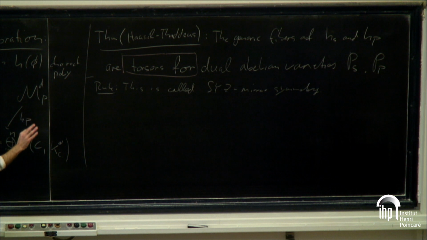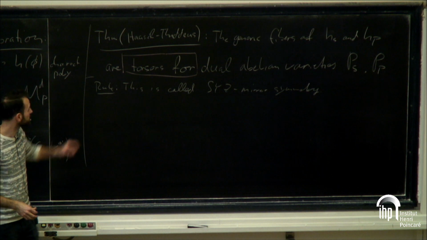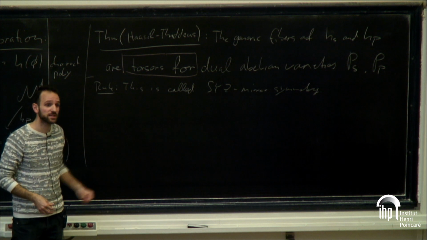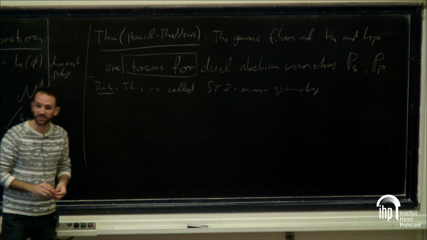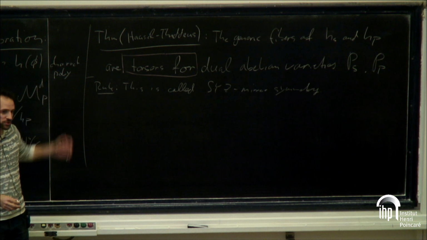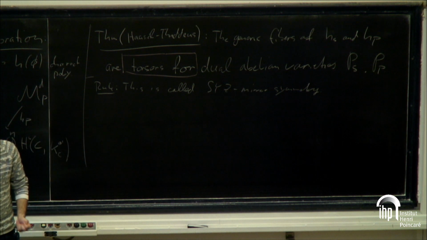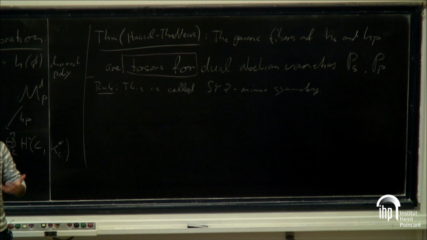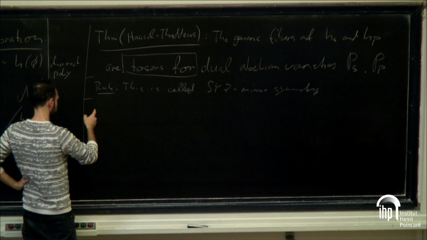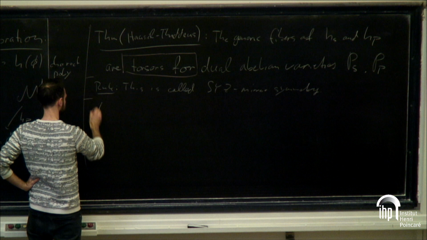So now that we have some sort of mirror symmetry, Hausel and Thaddeus went on to see other manifestations of the duality in the topology of these spaces. So I mean, this maybe is more familiar. We have this symmetry of Hodge numbers usually in mirror partners. And so something like this should happen here too, they thought. And so I want to formulate this now. So I need some notation.